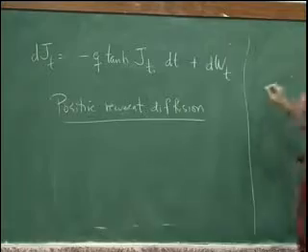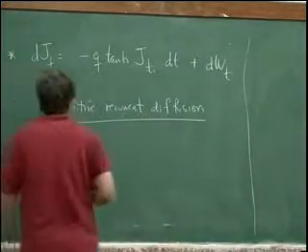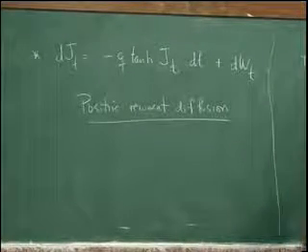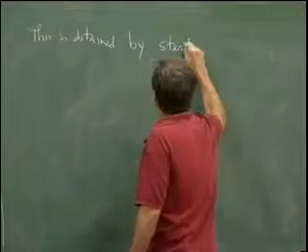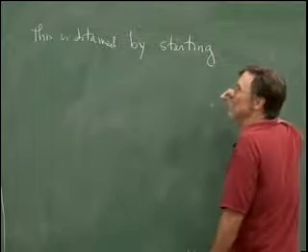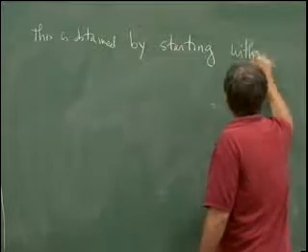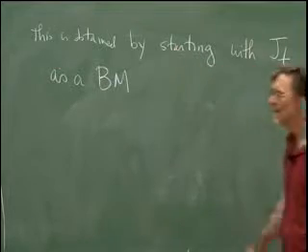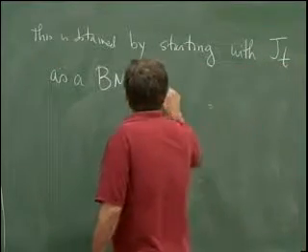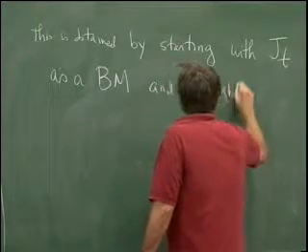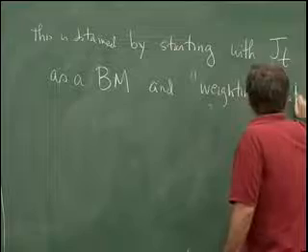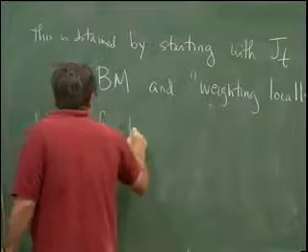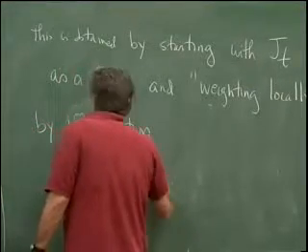This equation, so note, this is obtained by starting with J_t as a Brownian motion, and weighting locally by the function f of x.